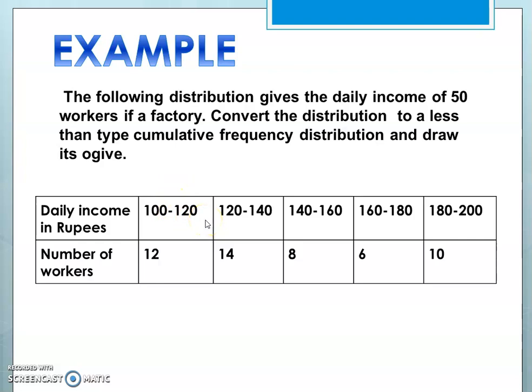The class intervals are 100 to 120, which gives the daily income of the workers in rupees. There are 12 workers who earn between 100 to 120 rupees per day. There are 14 who earn between 120 to 140 and so on. This is the data. You have to convert this data into less than type distribution and draw the ogive.